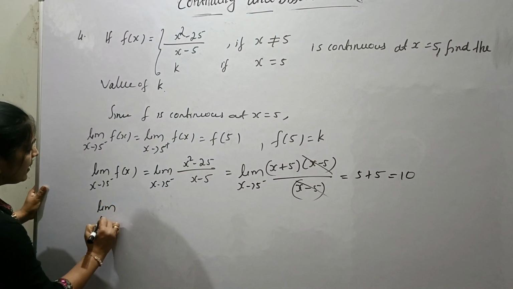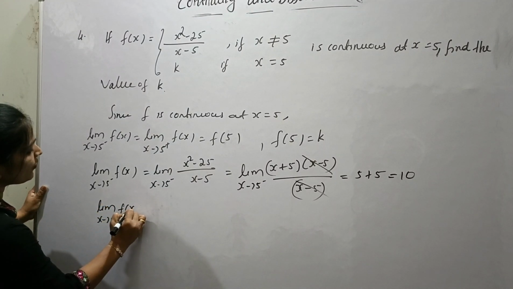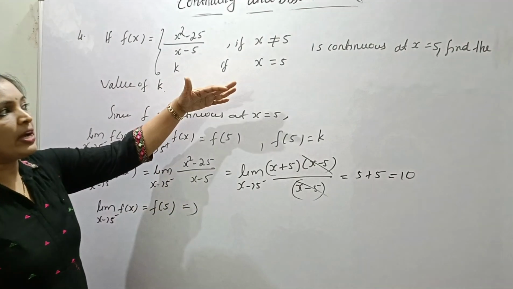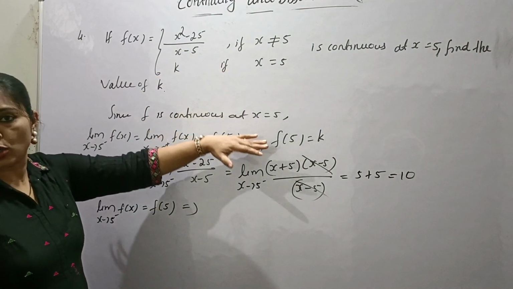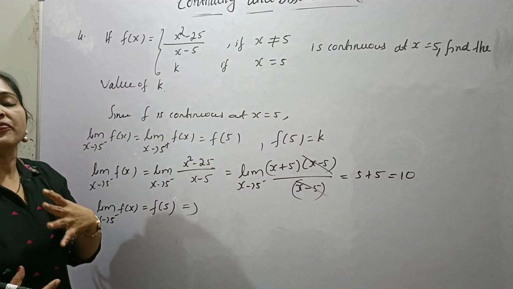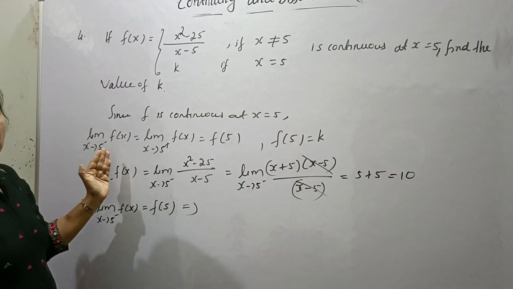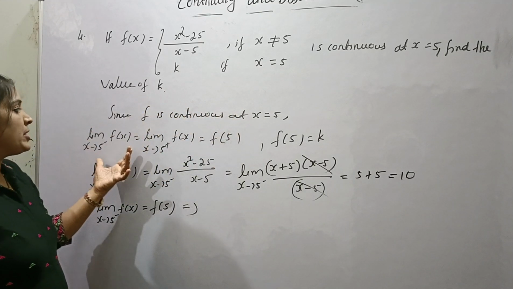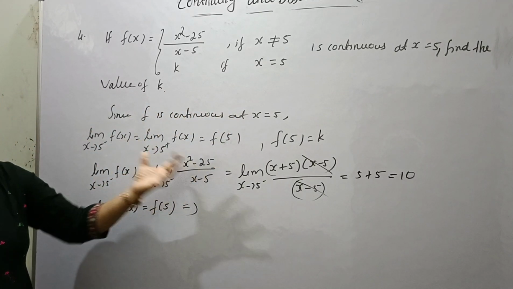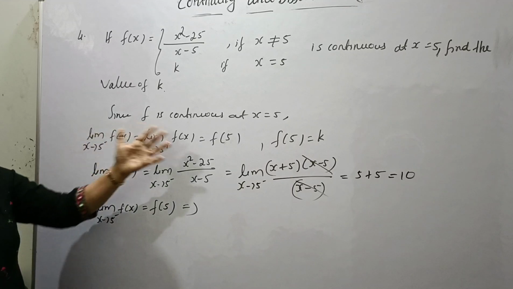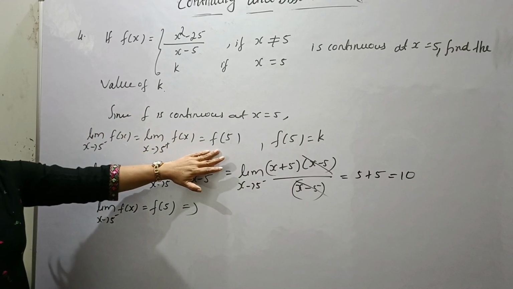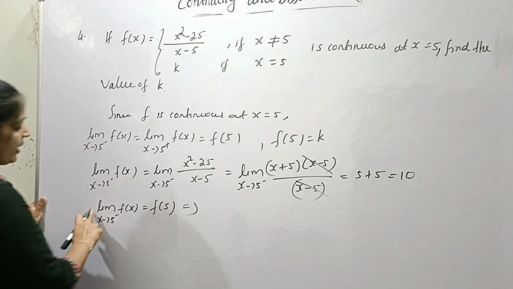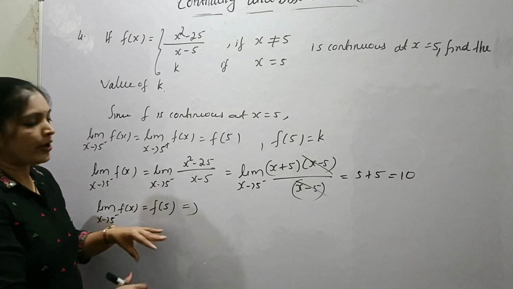According to the definition of continuity, left hand limit is equal to right hand limit, which is equal to value of the function. Right? Here we have found the left hand limit, so we can equate this left hand limit with the value of the function. That is limit x tends to 5 minus f of x is equal to f of 5.